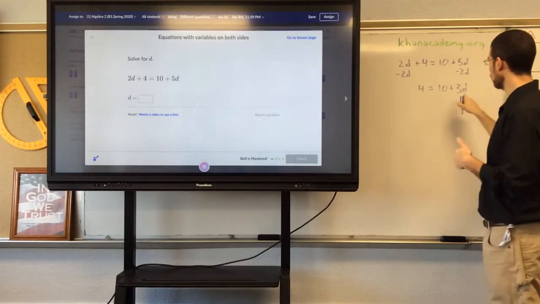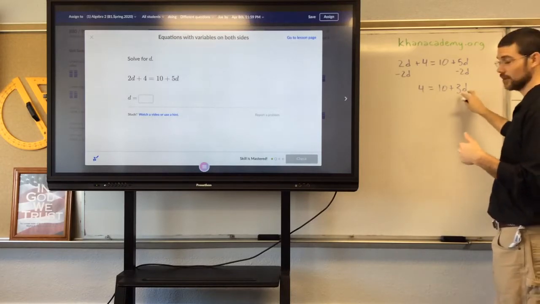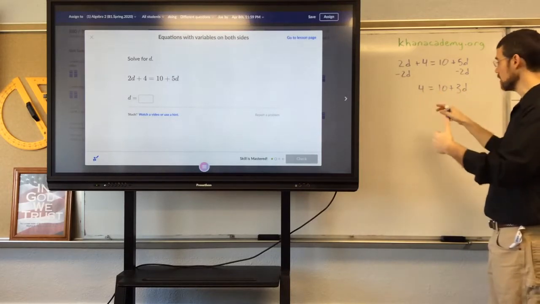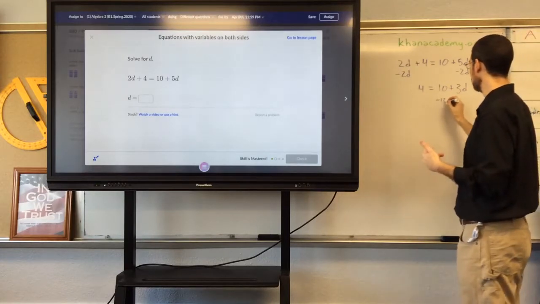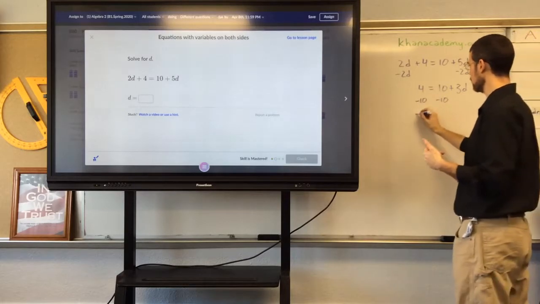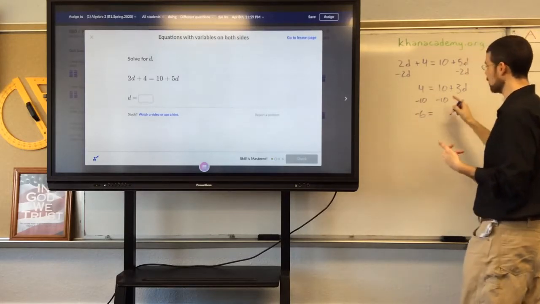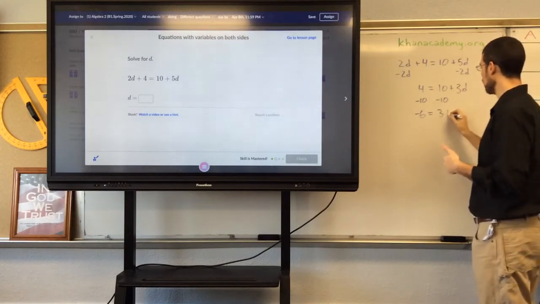And now I don't want 10 on this side of the equation because I want to narrow it down so only d is left. So I'm going to subtract 10 from both sides of the equation. 4 minus 10 is negative 6. 10 minus 10 is 0. That was the point. And I have 3d left.